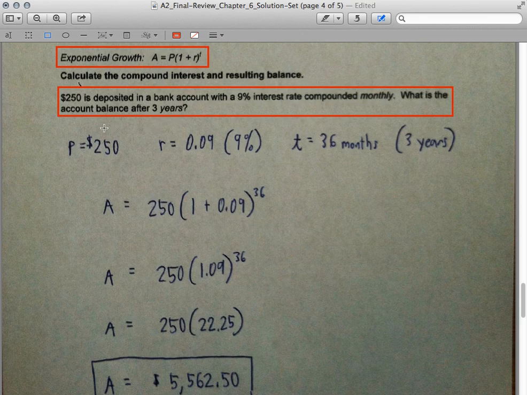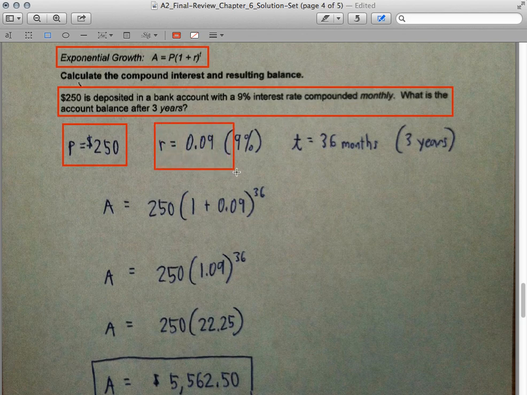We of course want to understand what our variables are represented as. So $250 is deposited into the bank account. That is our P value. That is our initial amount. So we initially go to the bank and deposit $250. It says that the interest rate is 9%. When we are dealing with percentages, we are going to be dealing with them in their decimal form.